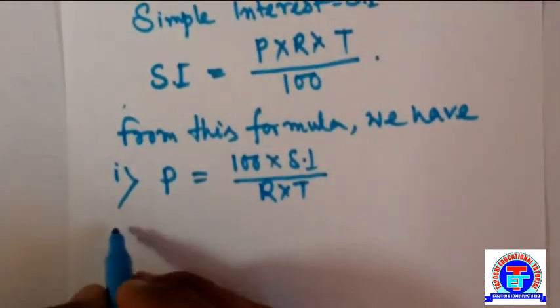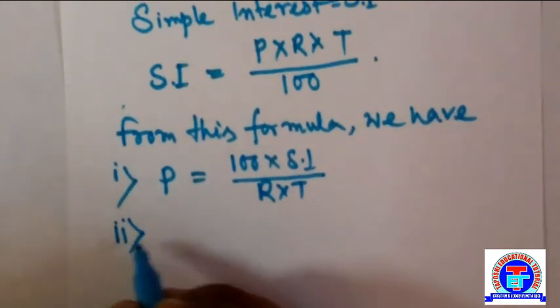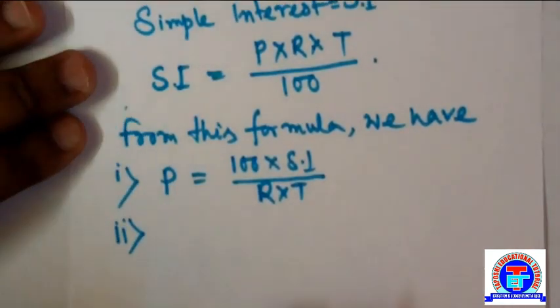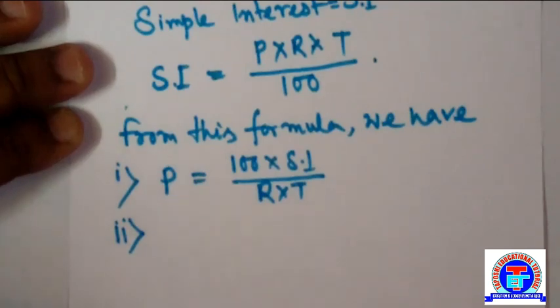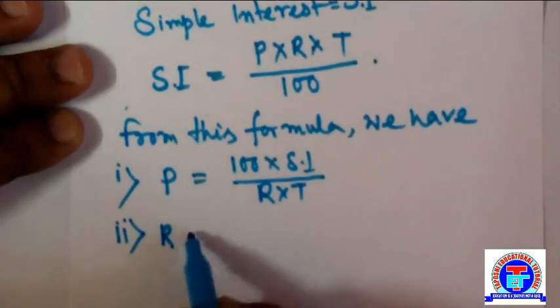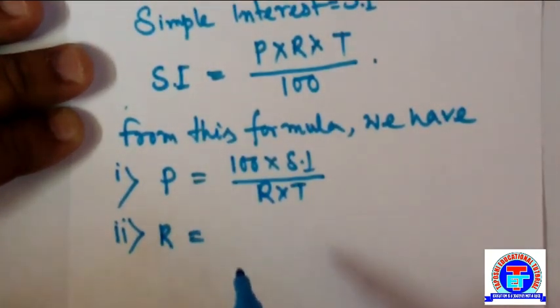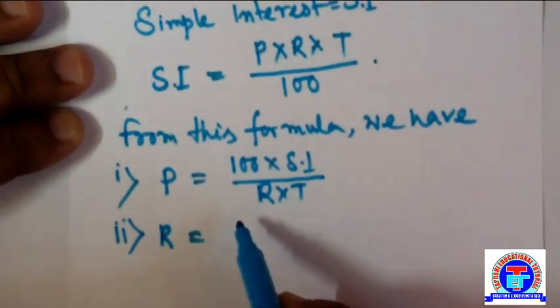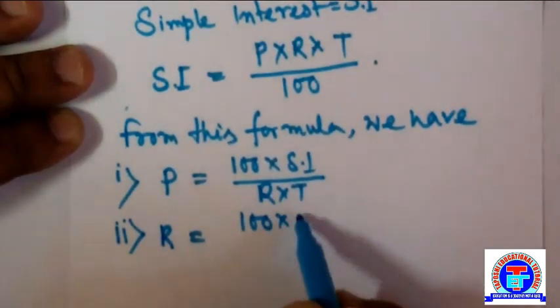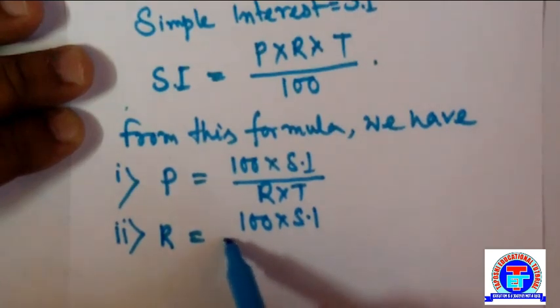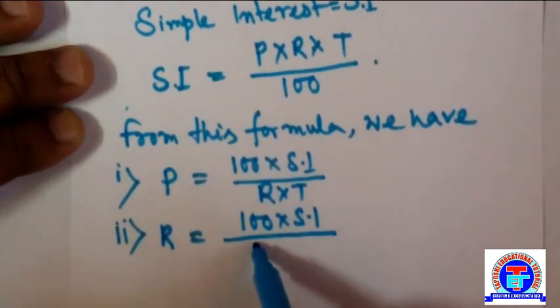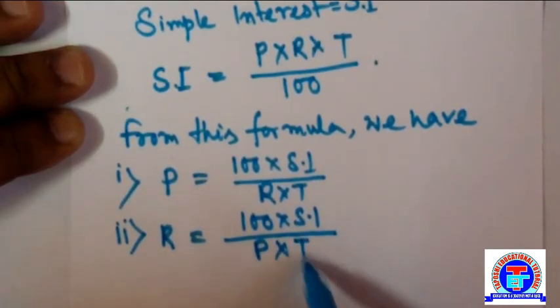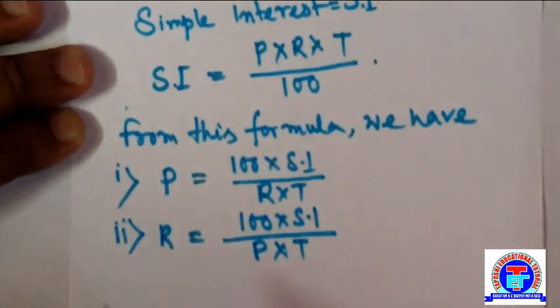Number two: R is equal to 100 into SI divided by P into T. Correct?